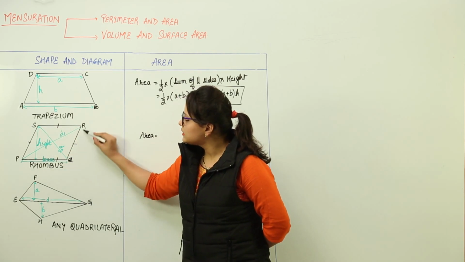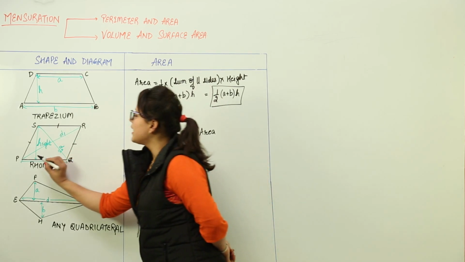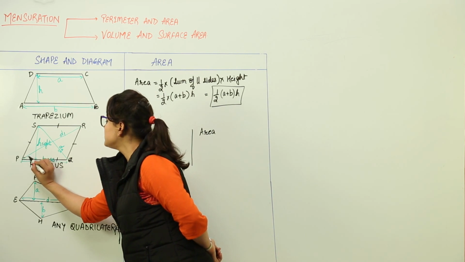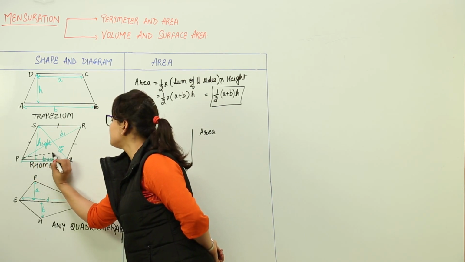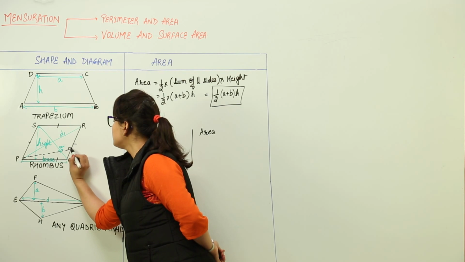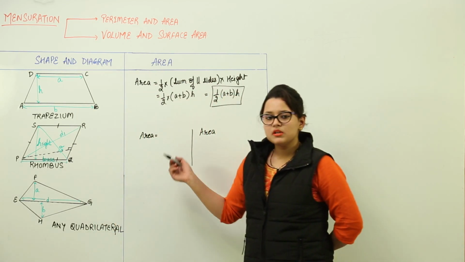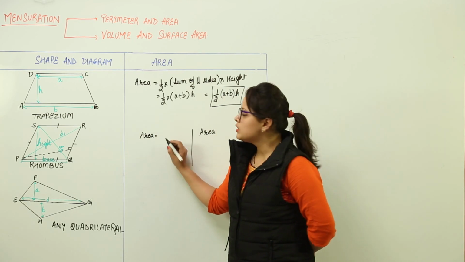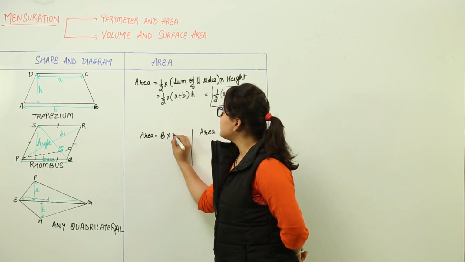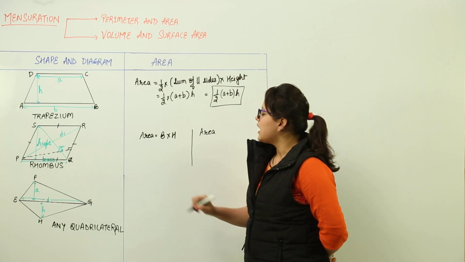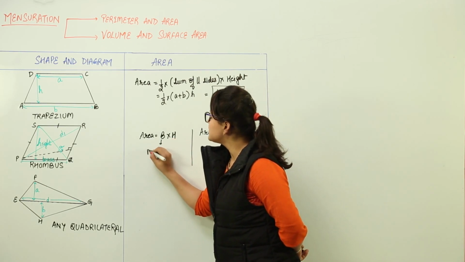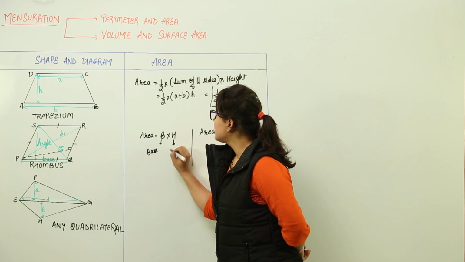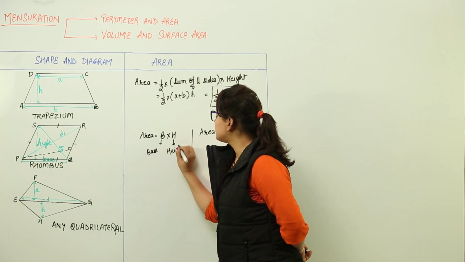If I take QR as the base, the height is going to be this, the perpendicular from the opposite side on QR, right? So if you have the base and height of a rhombus known to you, you can find out the area by multiplying the base and height of the rhombus. Here B represents the base and H represents the height of the rhombus.